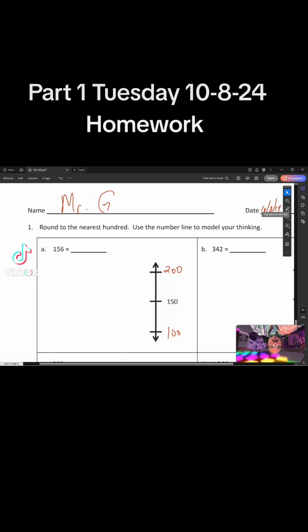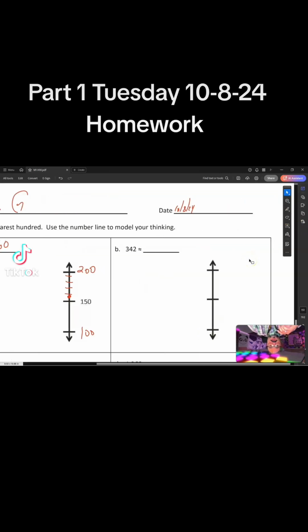We need to plot 156. 150, 160, 170, 180, 190, 200. 156 would be about here. Greater or less than halfway? Greater. We round up. 160.